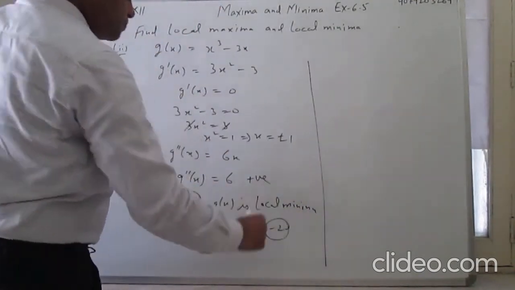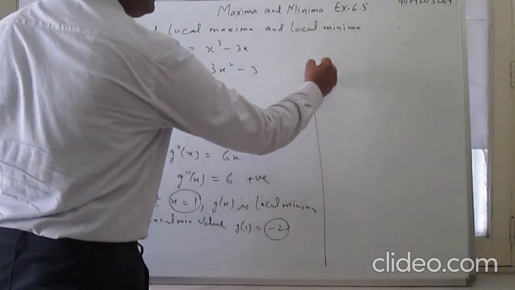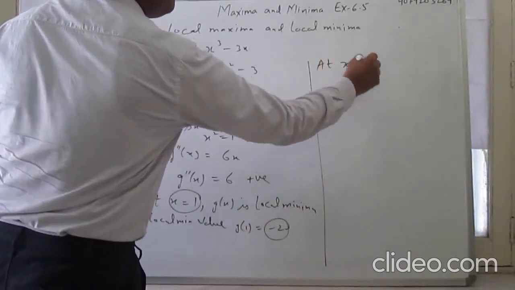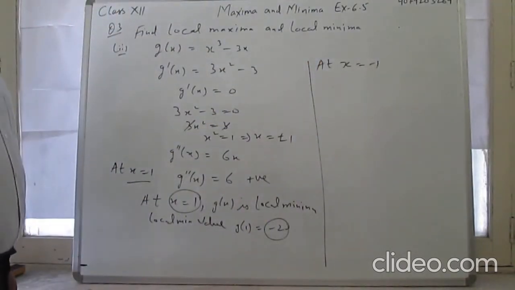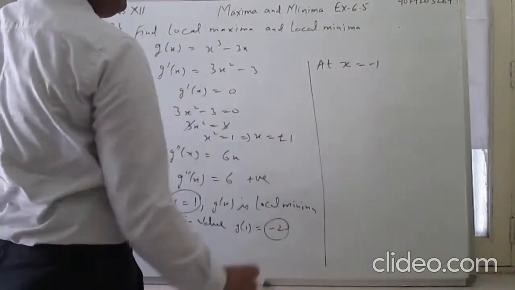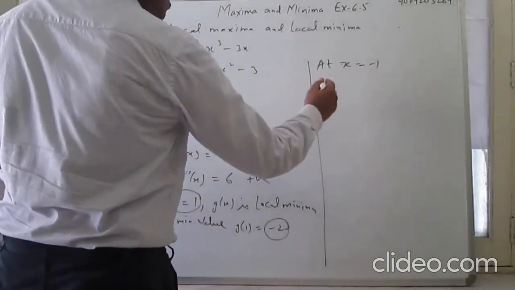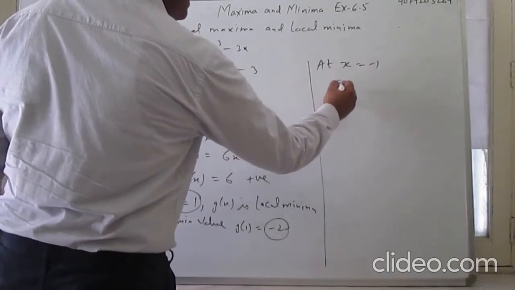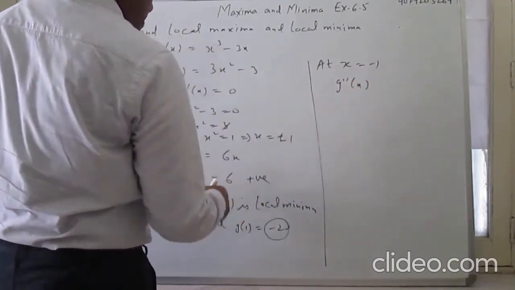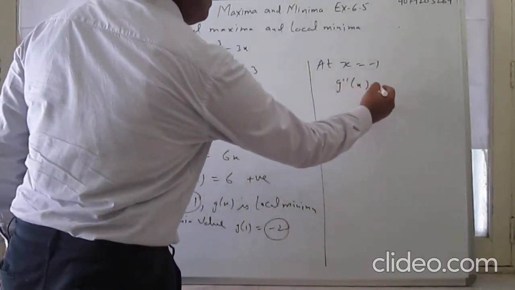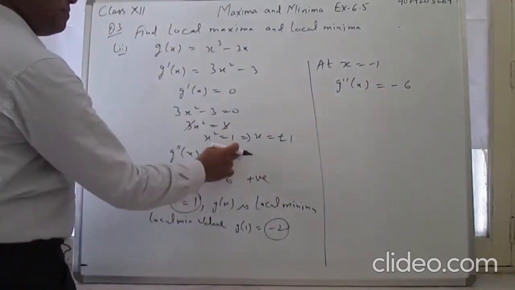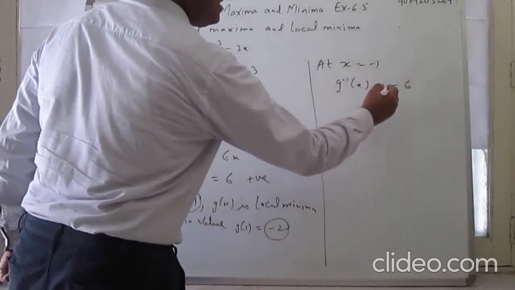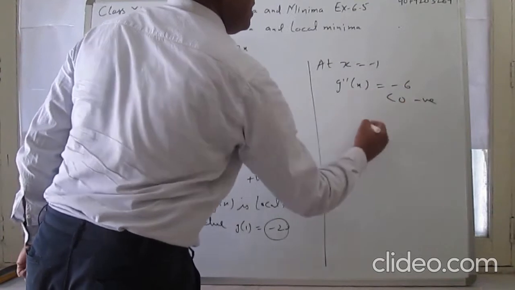Now at x is equal to minus 1. So what is g double dash x at x is equal to minus 1? Putting minus 1 here, it is minus 6, less than 0. That is negative.